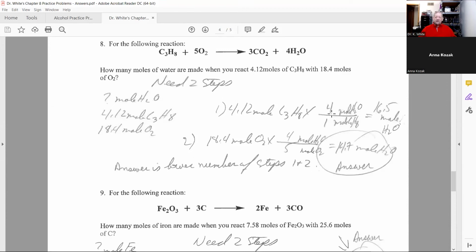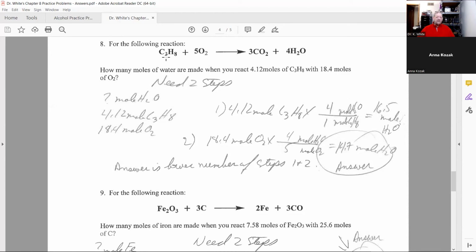The reactant we're given, the product we're being asked to find. So I use this ratio, use my good buddy, my good friend, unit analysis, moles of water goes on top. What I'm trying to get rid of goes underneath. And where do I get a relationship between moles of C3H8 and moles of water? From the balanced chemical equation. The coefficient, and if you don't see anything, it's the number 1.